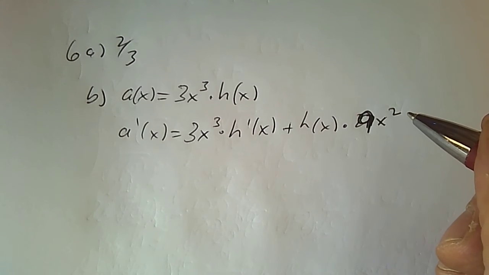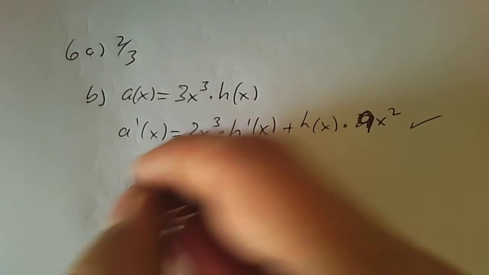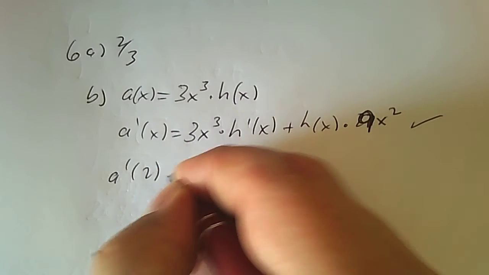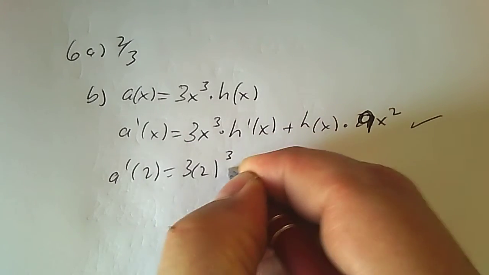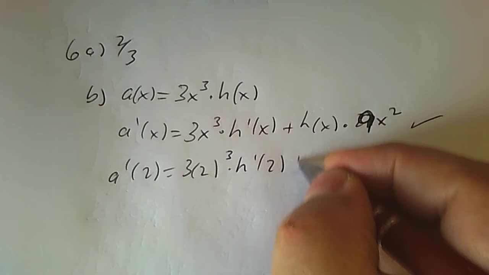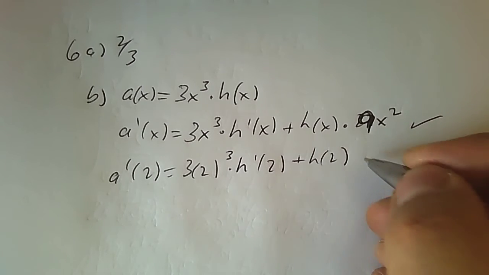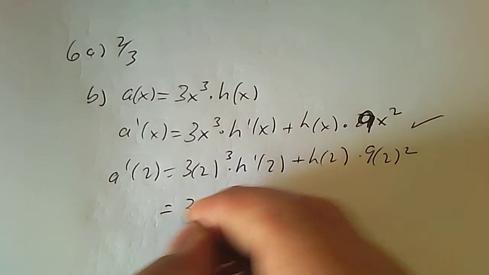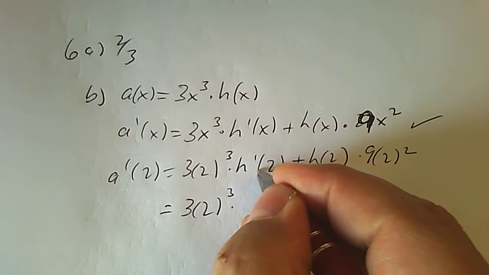Then it says to plug in. So first of all, that's done. And then it says find the derivative at 2. So wherever there's an x, plug in 2. Now, the only thing you have to simplify here, you actually don't need to simplify this part, but what's the derivative at 2?